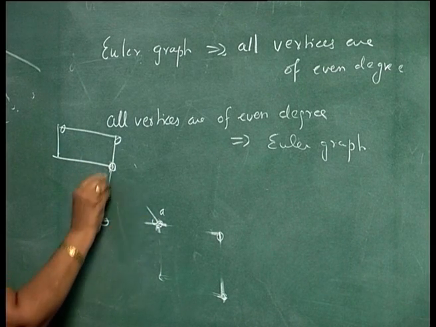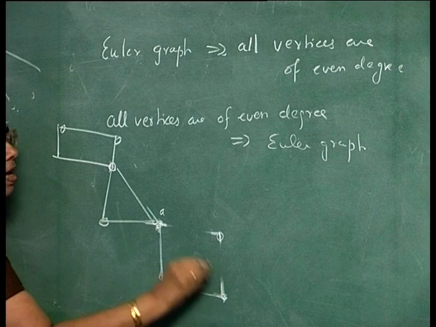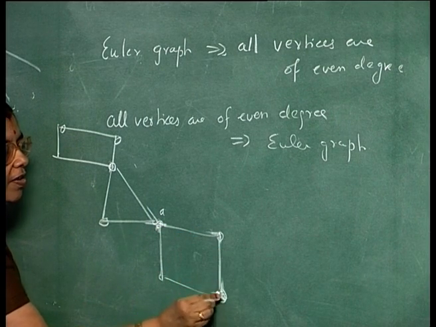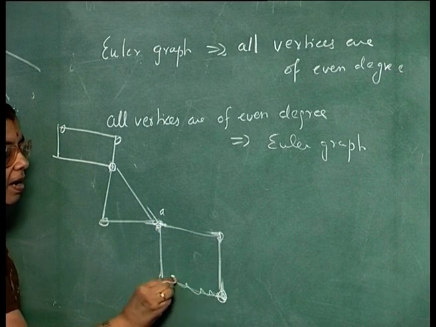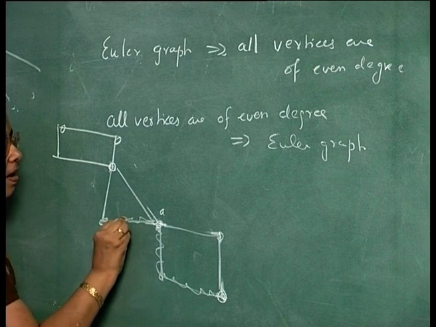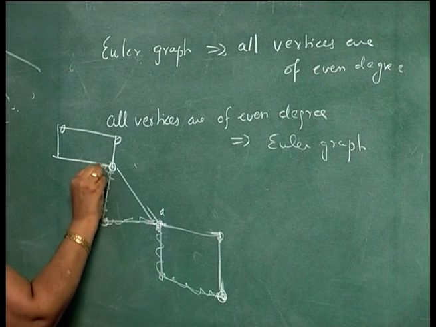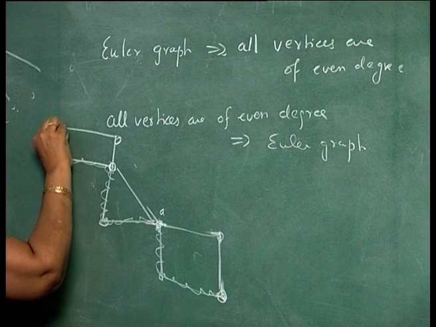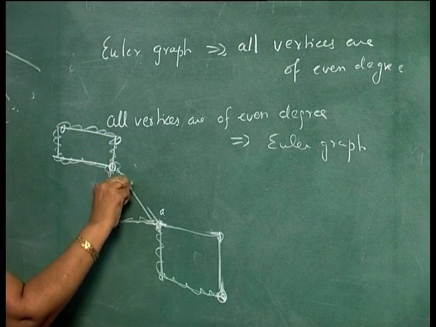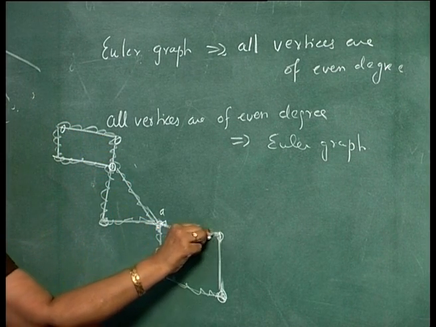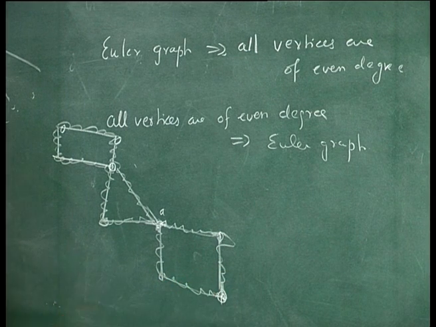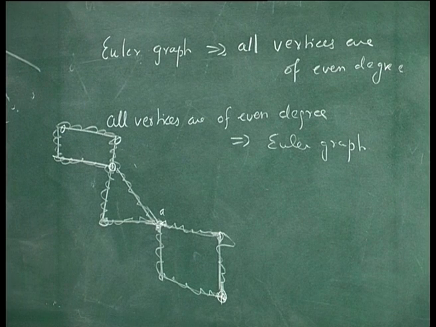For example, in this case, if you have started from here, you can have a closed walk which covers all the edges like this. This is possible because all vertices are of even degree. Okay.